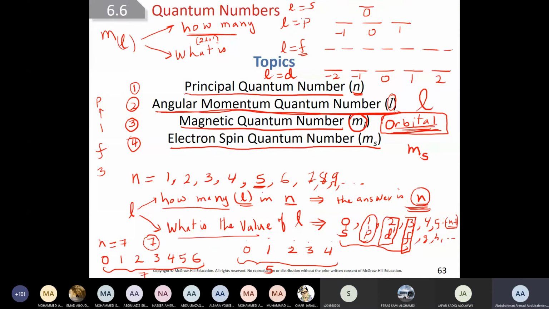What do you call each solution, each of these lines? Orbital. What are the values?